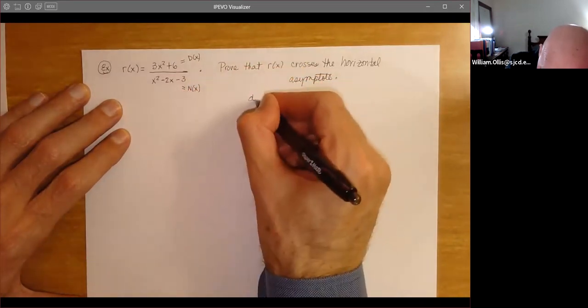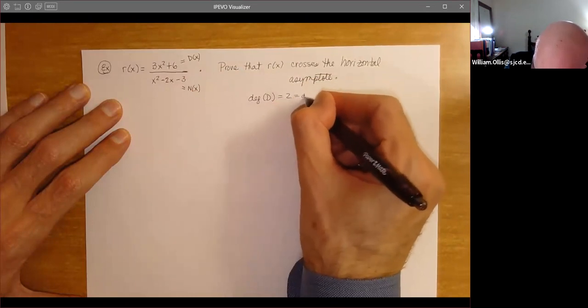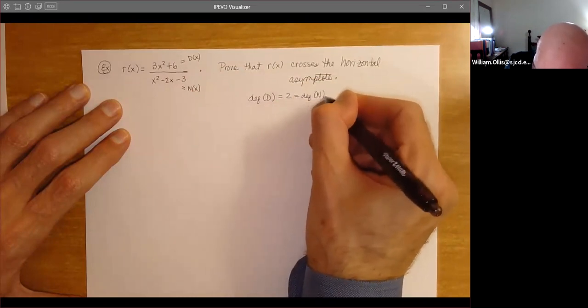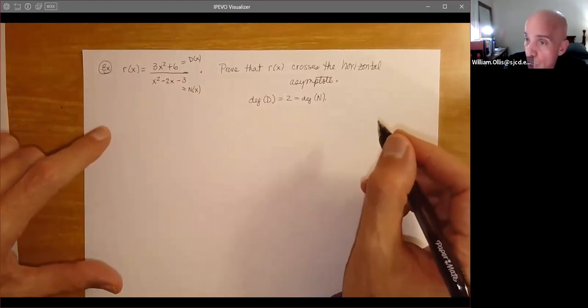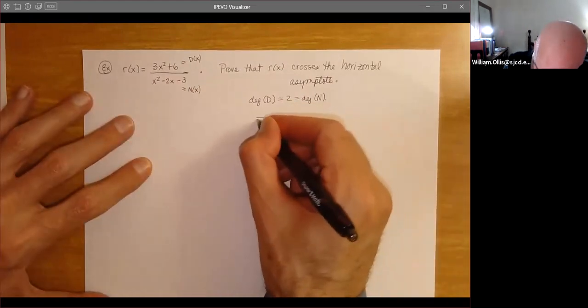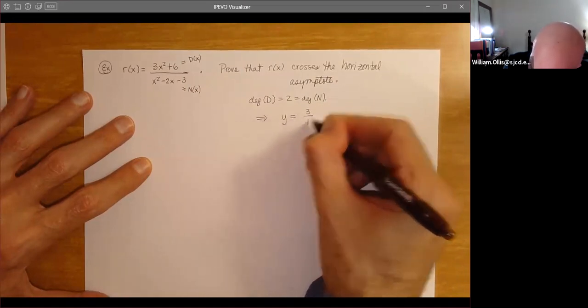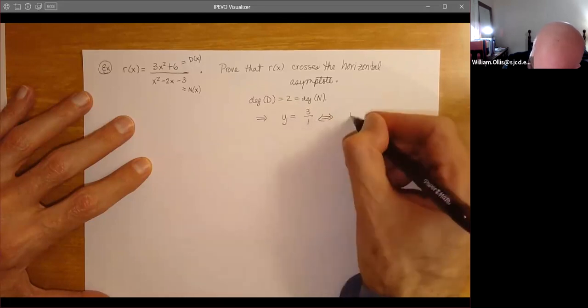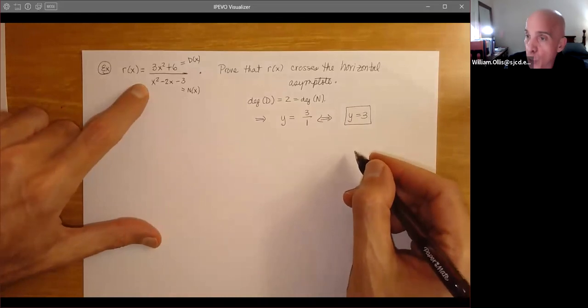And so we see the degree of d equals 2, which is the degree of n. So again, this is a horizontal asymptote, and we need the ratio of leading coefficients. So this implies y equals 3 over 1, or y equals 3. That is the ratio of leading coefficients.